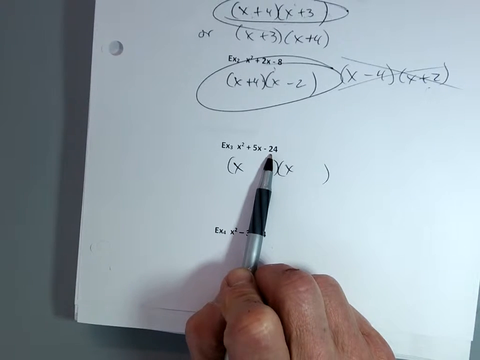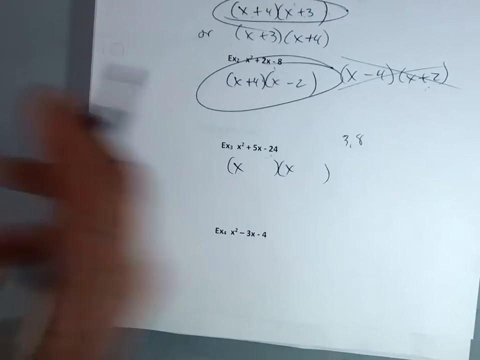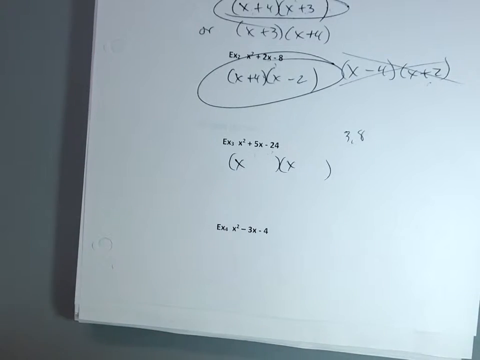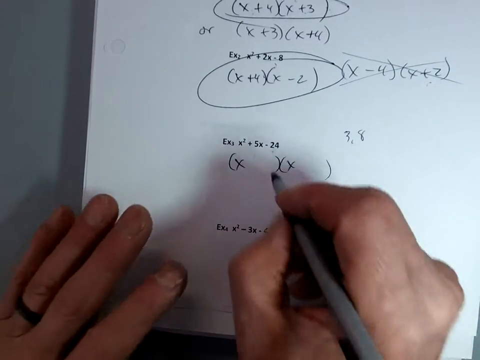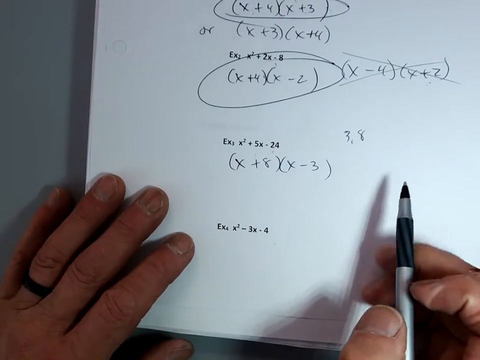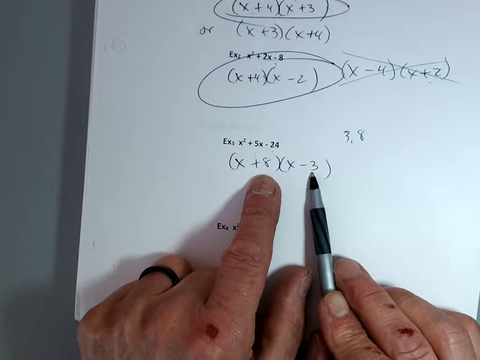What times what makes a negative 24? I hear 3 and 8. I like 3 and 8, but I need to make a positive 5 and a negative 24. Plus 8 minus 3. They'll multiply to make negative 24, you guys agree? And they'll add to make a positive 5.